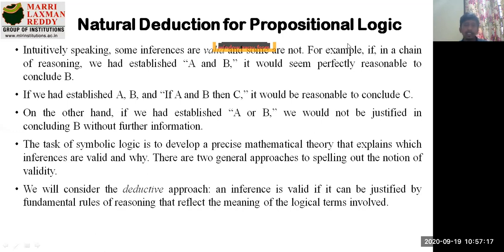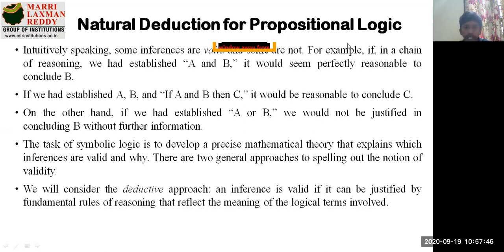So we say that some inferences are valid and some are not, because every conclusion may not give you the exact answer. Suppose one of you gave a wrong answer, but you had your own understanding and explanation, and you may have made some small mistake. So it's like a chain of understanding the given premises and finally reaching a conclusion.